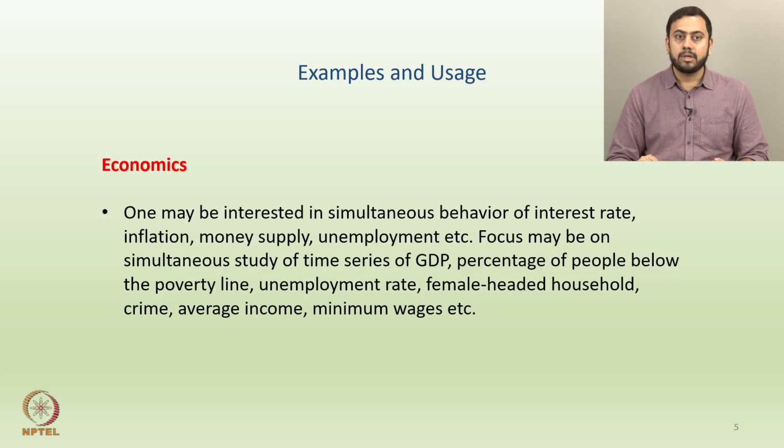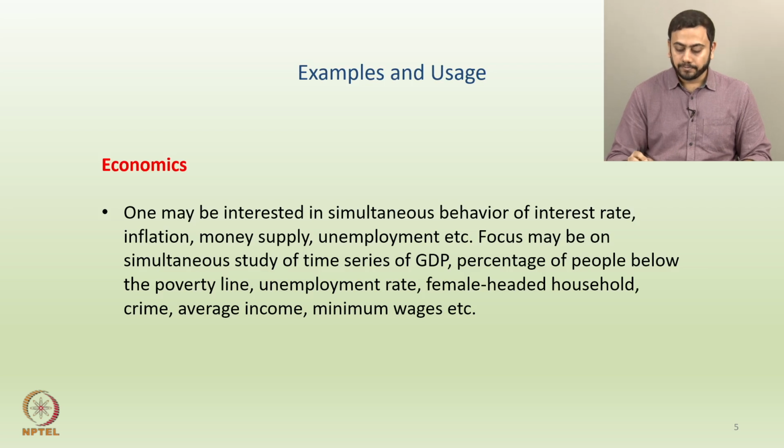Now, a second example would come from economics. Let us say one may be interested in the simultaneous behavior of interest rates, inflation, money supply, unemployment rates, etc., right. So, the focus may be on simultaneous study of time series of let us say GDP, percentage of people below the poverty line, unemployment rates, female headed households, crime rates, average income, minimum wages, etc. So, all these are economic examples, and one might be interested in studying the interrelationships between any two of these.